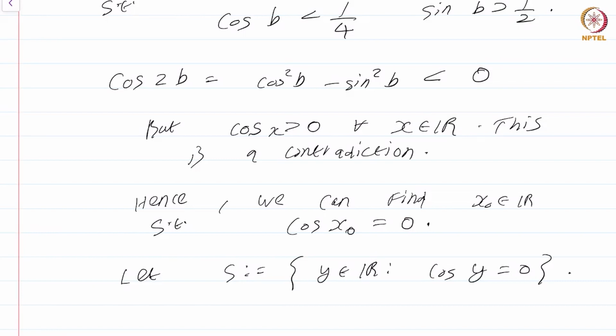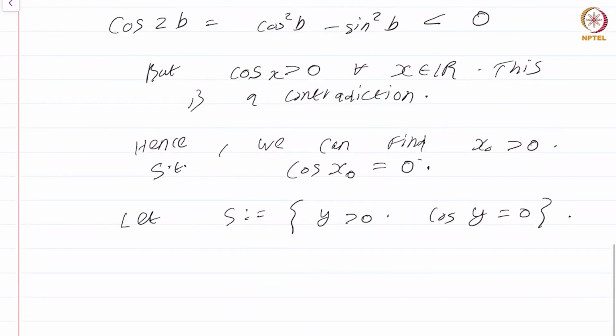Okay, in fact, all y greater than 0 such that cos y is equal to 0. In fact, we can find x naught greater than 0 such that cos x naught is equal to 0. Now, what we are going to do is take C to be the infimum of S.